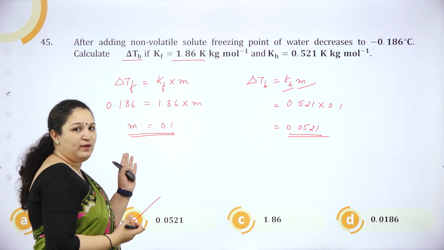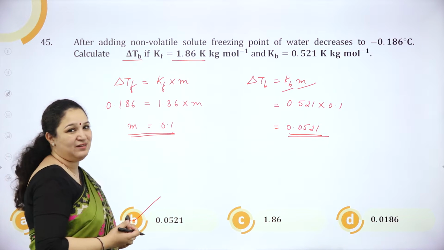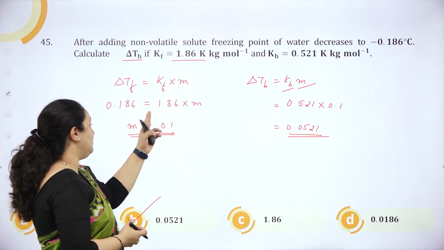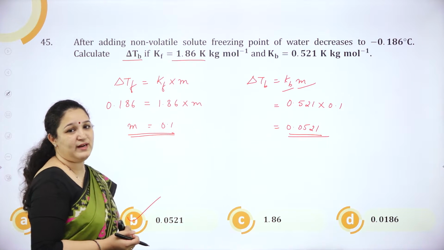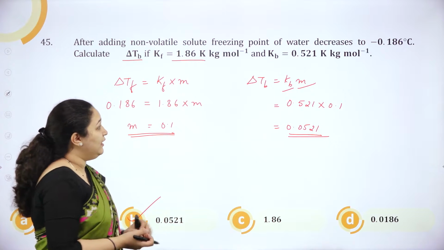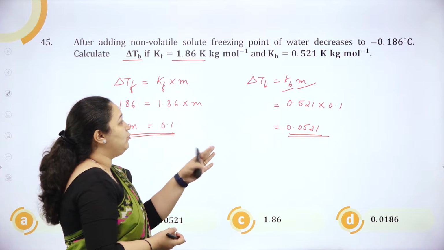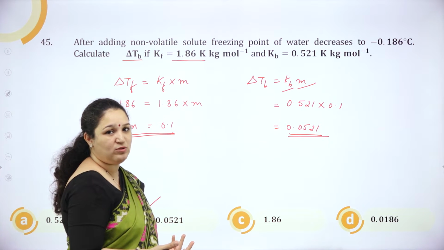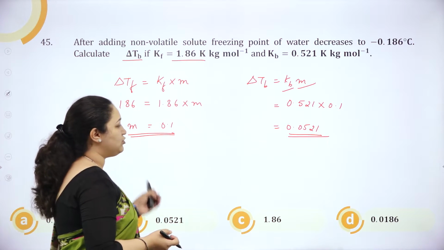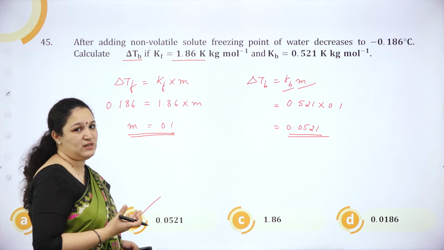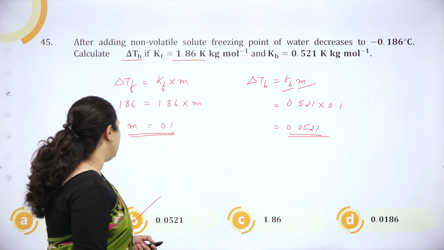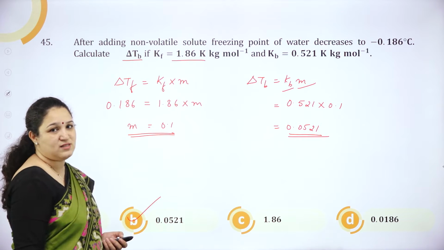If you know the formulas, it is done just mentally, because 0.186 divided by 1.86 is 0.1. Then 0.521 into 0.1 is 0.0521. It is a very easy calculation, isn't it? You don't have to actually write, I have done it only for your convenience to understand. So option B is the correct answer.